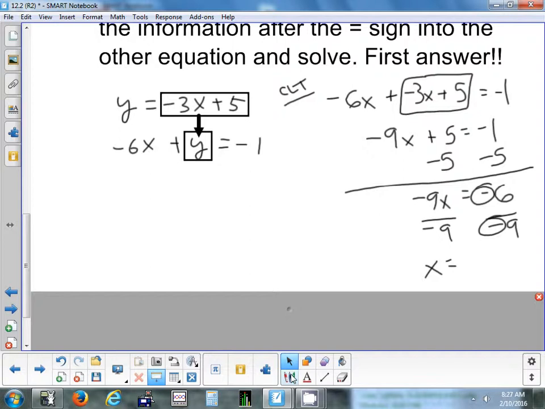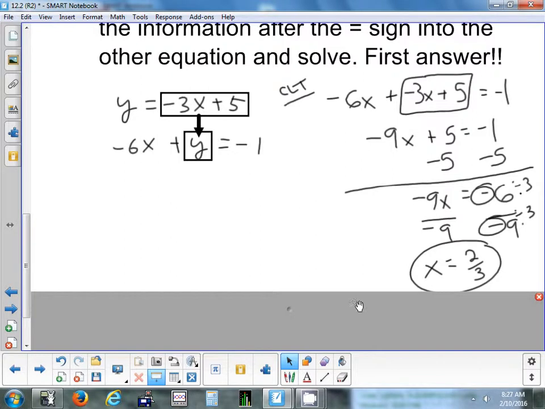Logan? 2 over 3. What number did you reduce by? Careful with your answer. I'm going to divide by 3 to reduce it, because 3 goes into both things. So 6 over 9 reduces, and x equals 2 over 3.